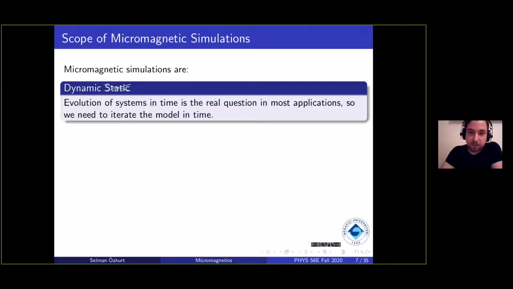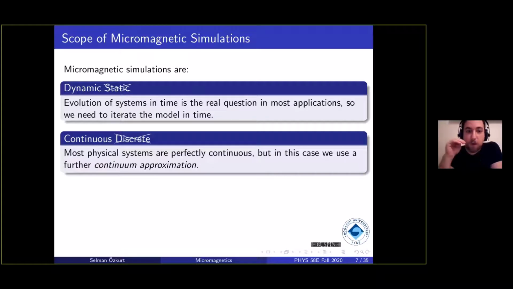Therefore, it's a dynamic simulation. And it's also a continuous simulation. That is, the function we investigate, which is the distribution of the magnetization vector in the material, should be a continuous function of both time and space.